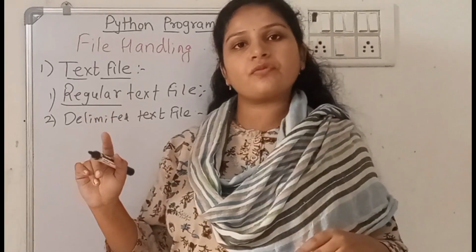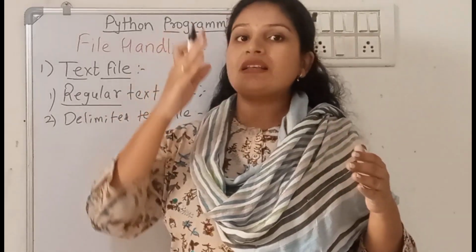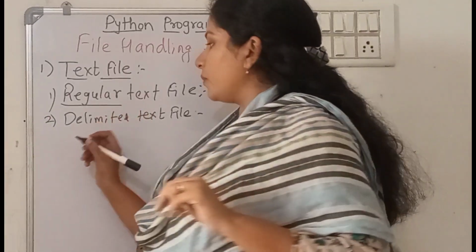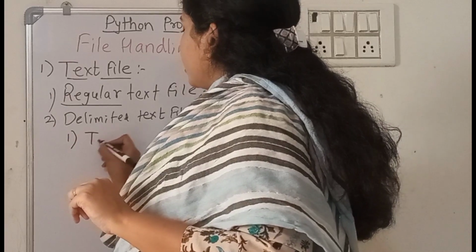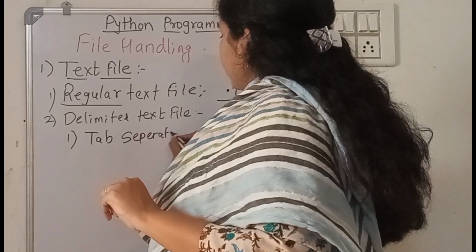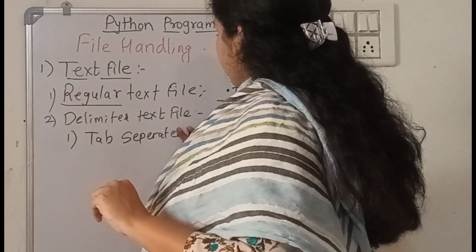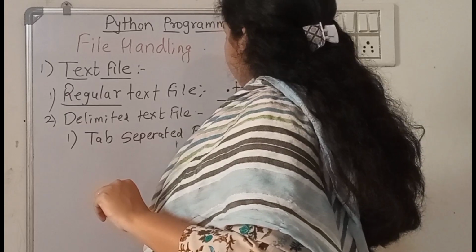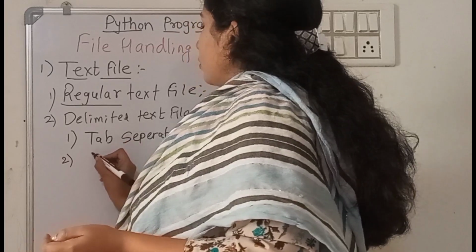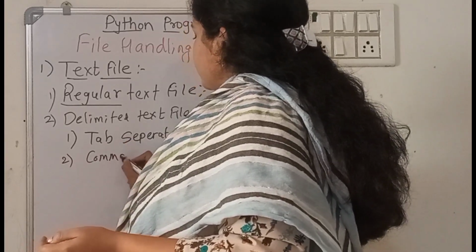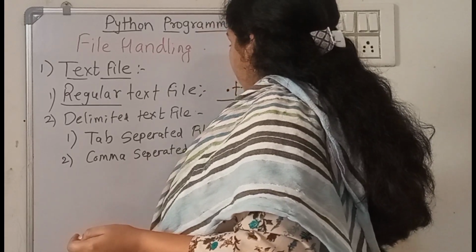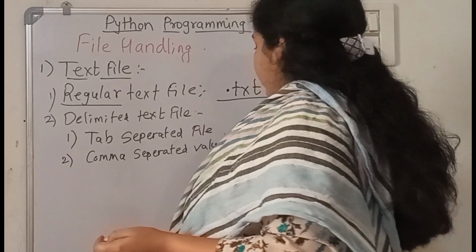In a delimited text file we use one special character to separate those words, right. Here there are two subtypes of delimited text file. First is the tab separated file, text file or format, and second is comma separated values.